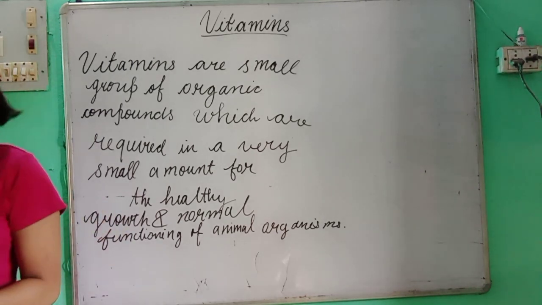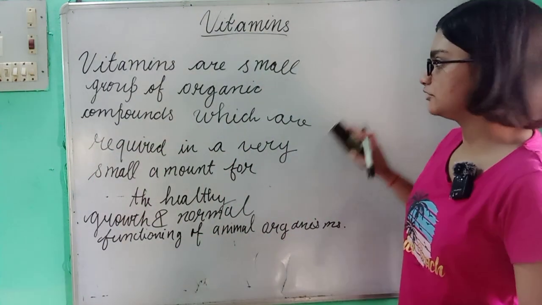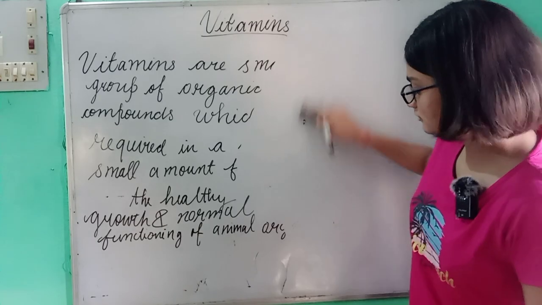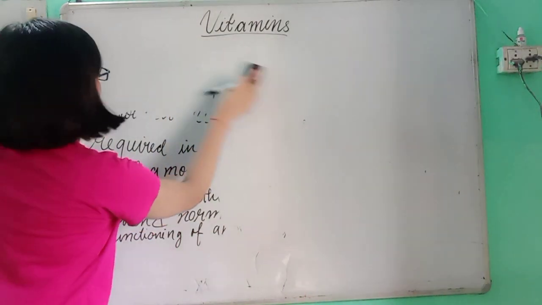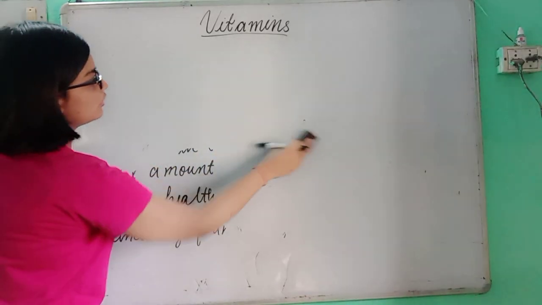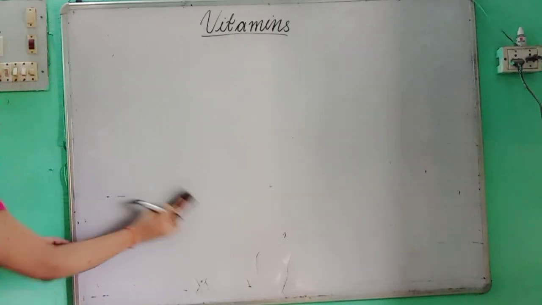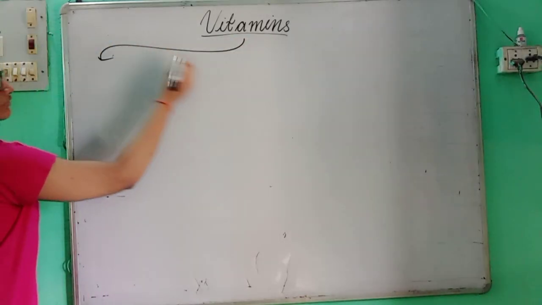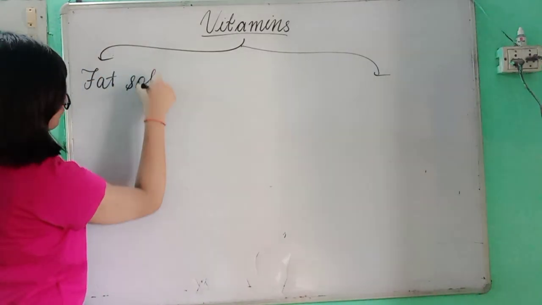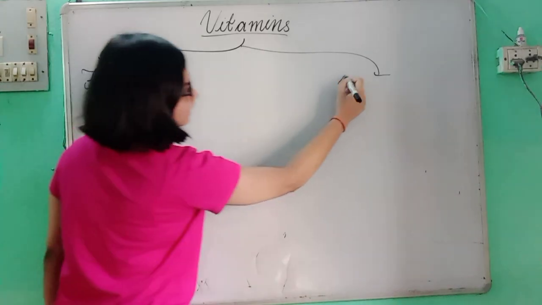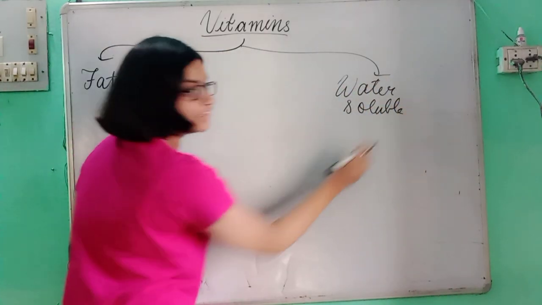Now, vitamins are classified into two, which means water soluble and fat soluble. Fat soluble are A, D, E, K, and water soluble only C and B. So, vitamins are classified into two groups: fat soluble vitamins and water soluble vitamins.